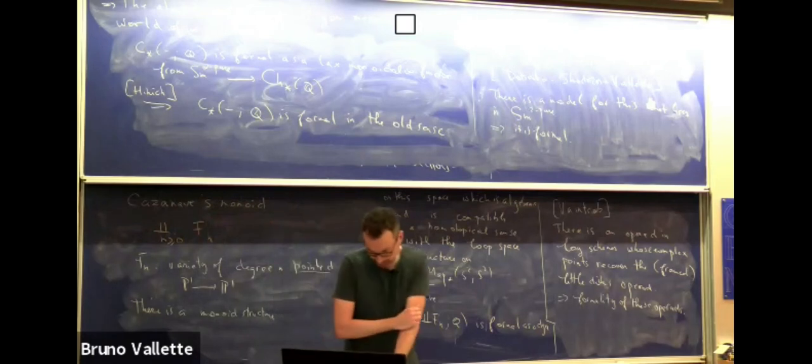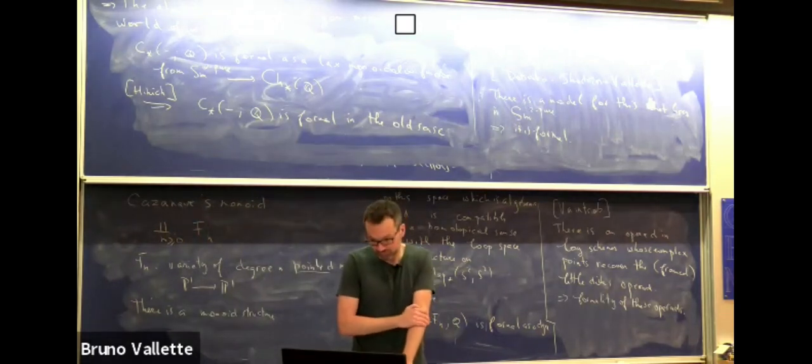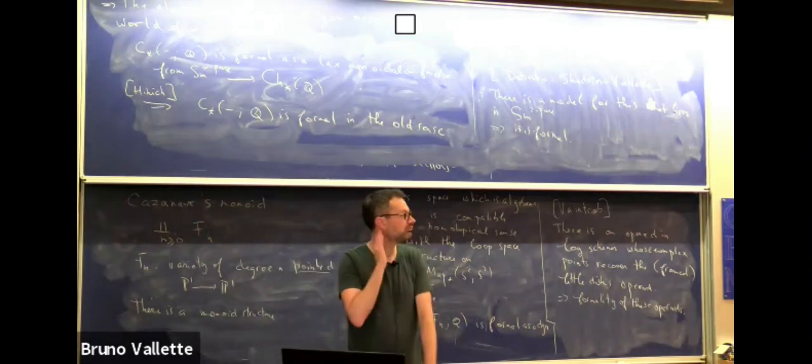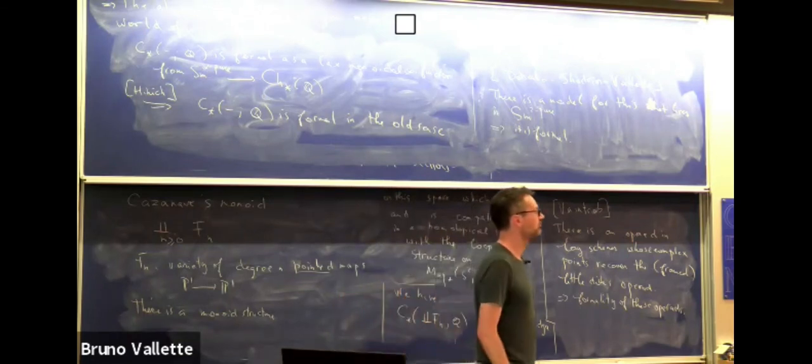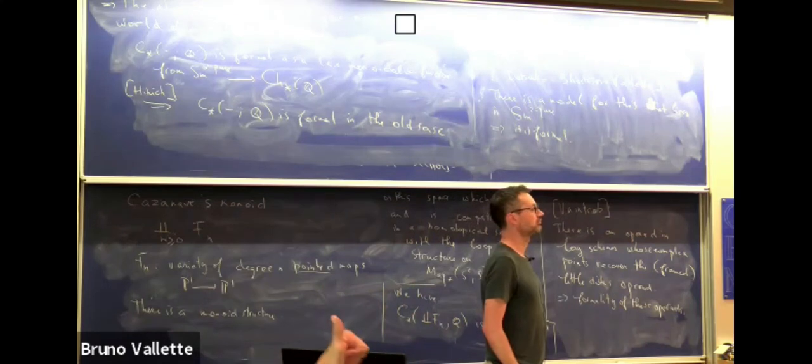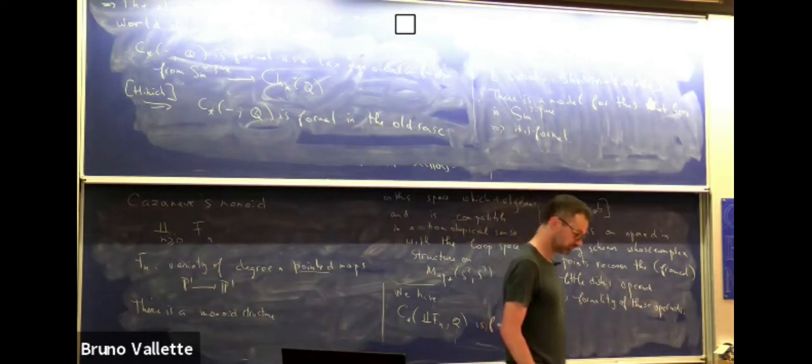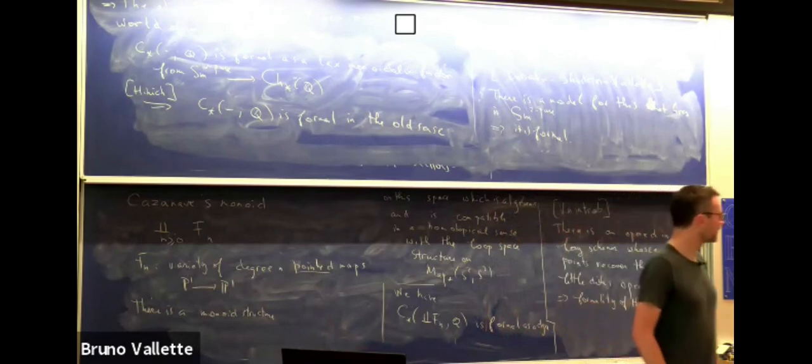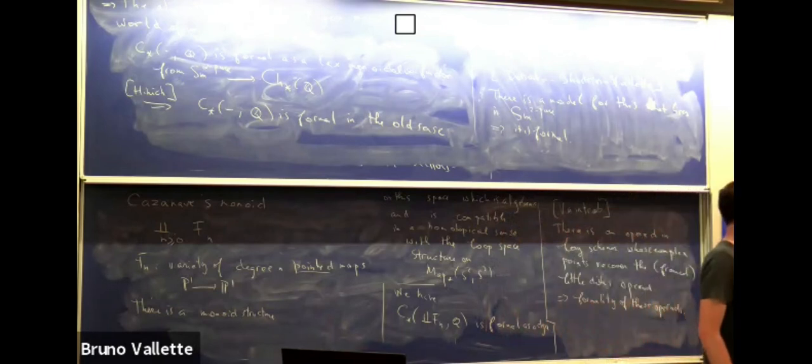Can I ask a question? I was wondering whether you could comment on connections to higher structures here, like mixed Hodge structures. I know Joanna has done some work in this direction on putting mixed Hodge structures on minimal models. You could equivalently formulate that as having these structures on the minimal C infinity model or L infinity model.